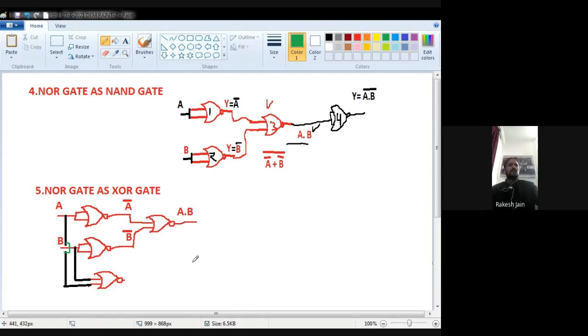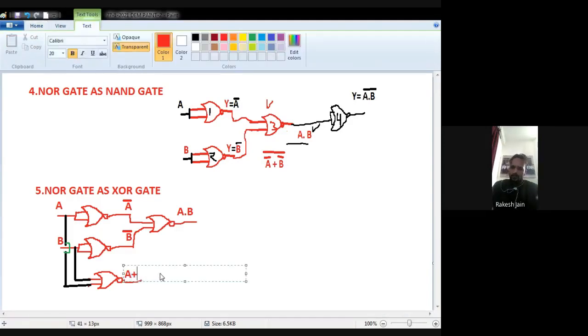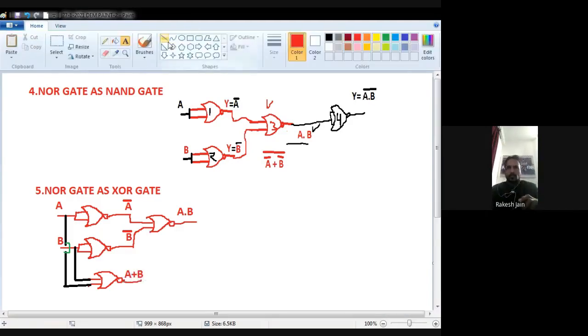Okay, you understand. One input is connected with B and one input is connected with A. So the output of this is a simple NOR, because this will behave as a simple NOR gate. So A plus B having a bar.